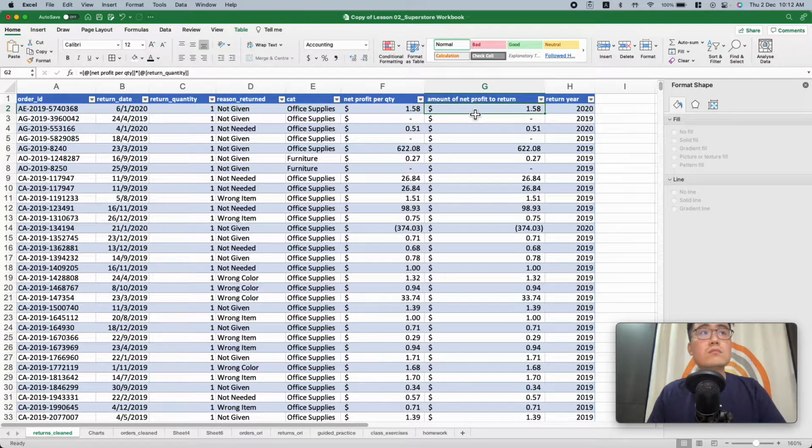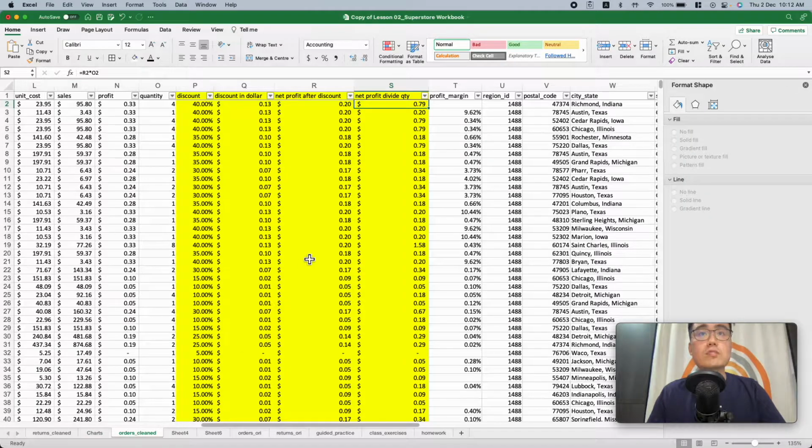And then what I did is, I get the net profit of this, for example, so the net profit of this order per quantity, which is from this column. I hope I'm slow enough and the both of you can follow me.